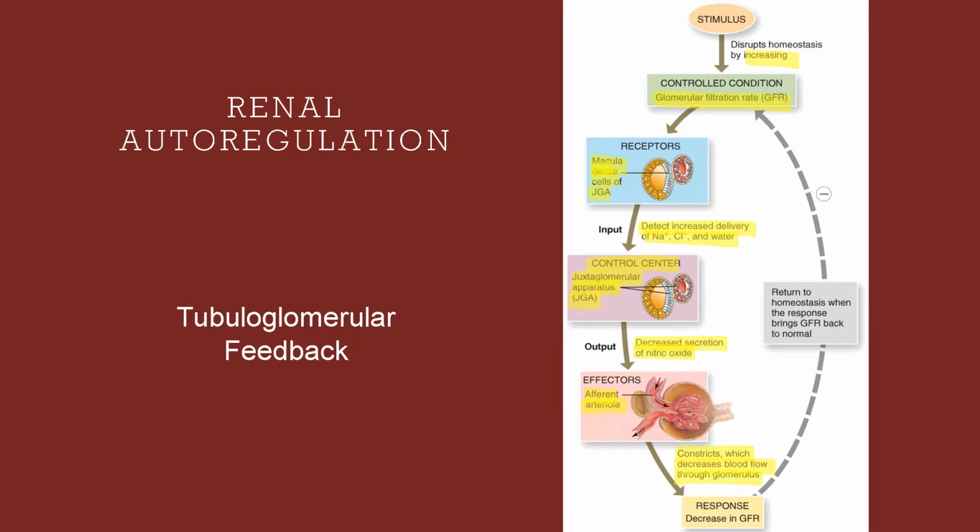And as a result, less blood is going to flow into those glomerular capillaries, and the response is going to be a decrease in GFR. So then we're going to get a return to homeostasis, bring that GFR back to normal. One thing to note is that the tubuloglomerular feedback does operate more slowly than the myogenic mechanism.